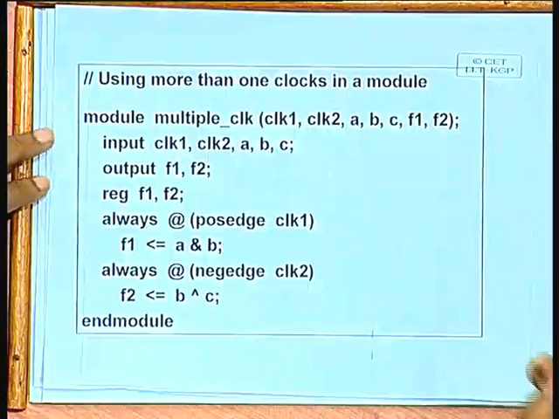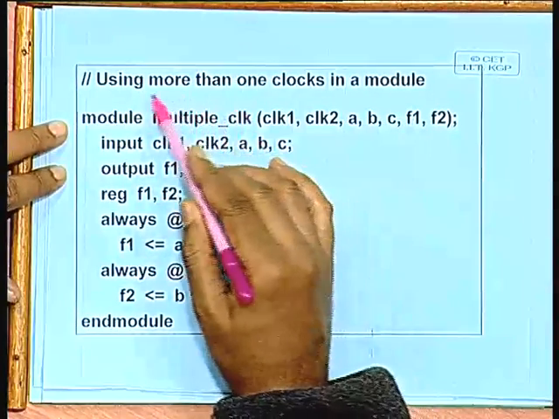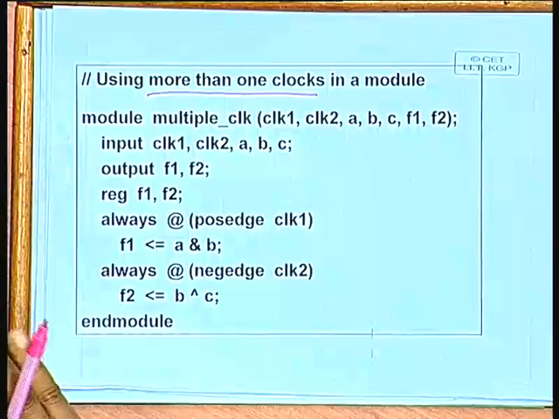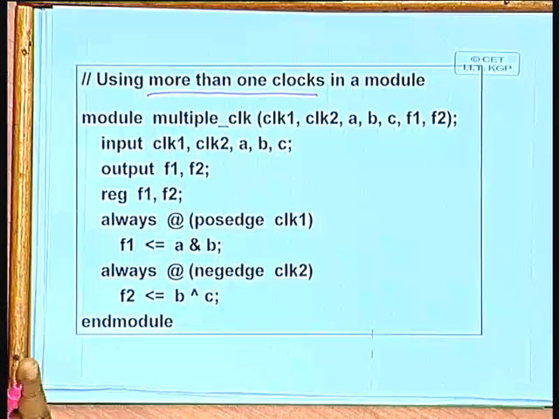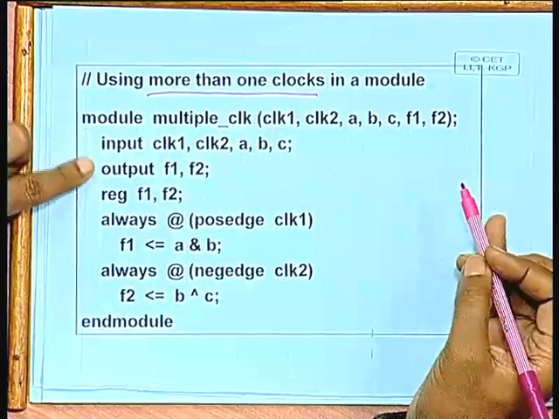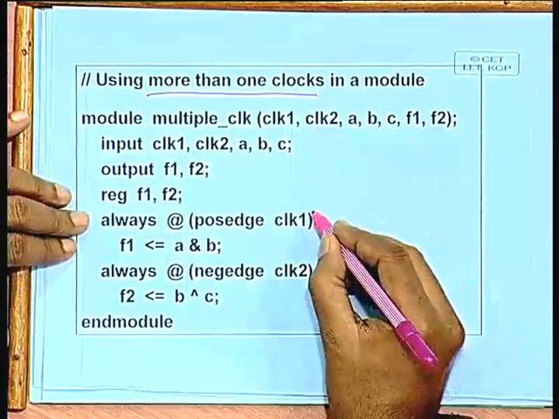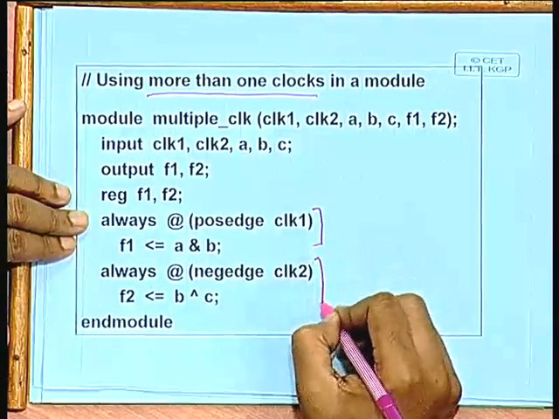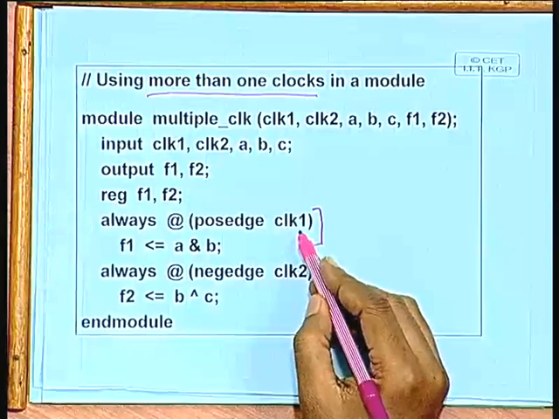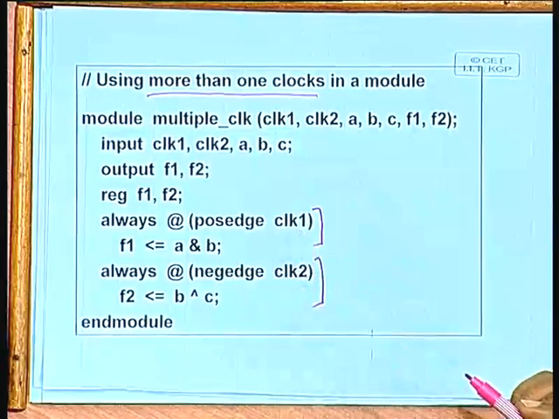Now, a few other points: inside a module you can have more than one clock. This is perfectly permissible. Well, of course, this example is nothing meaningful, but it shows that you have two different always blocks. One is triggered by clock 1, the other is triggered by clock 2.